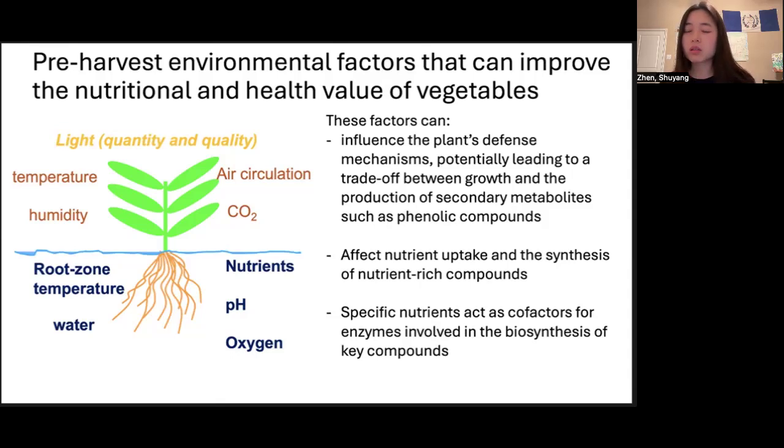And we can discuss the mechanisms through which specific factors affect nutritional quality in class. Here, I'm only going to give a couple quick examples of how light affects the nutritional quality of leafy vegetables grown in greenhouses and indoor farms.